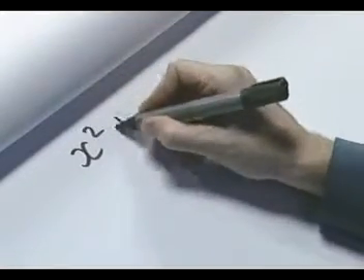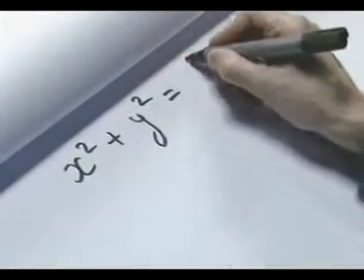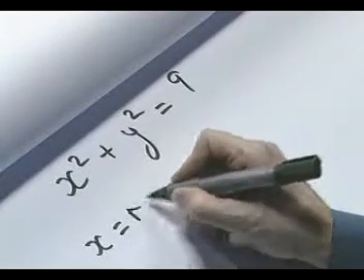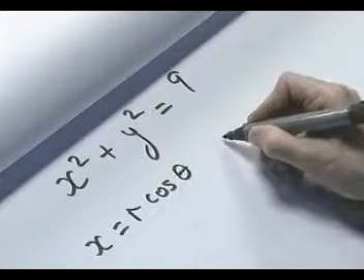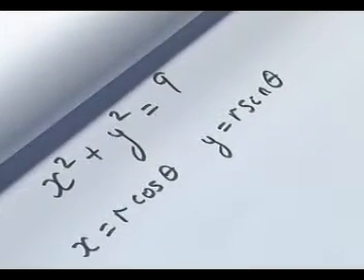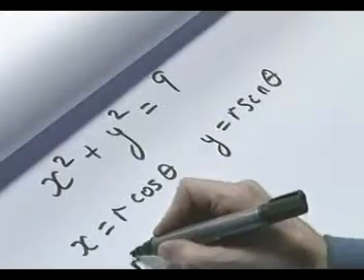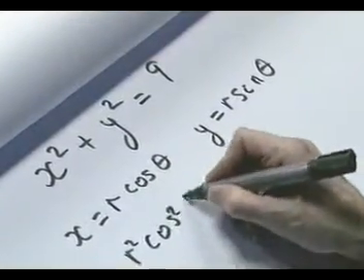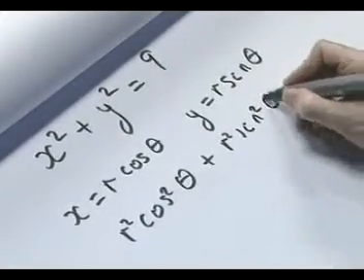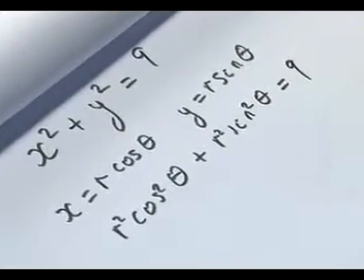Let's take x squared plus y squared is equal to 9. We know that x is r cos theta and that y is r sine theta. We can plug those in. R squared cos squared theta plus r squared sine squared theta equals 9.